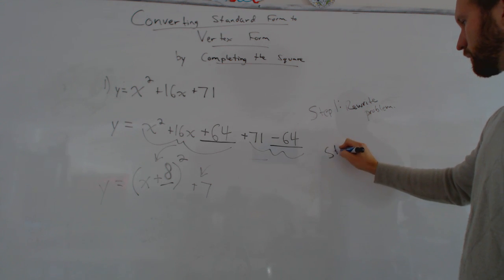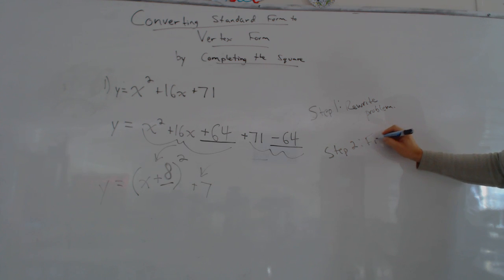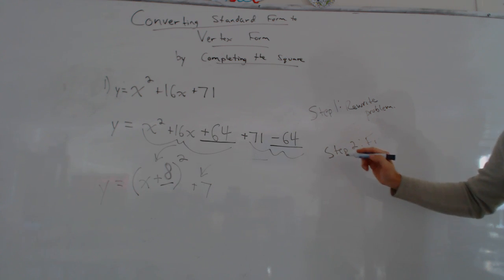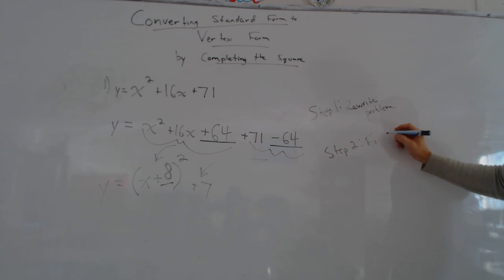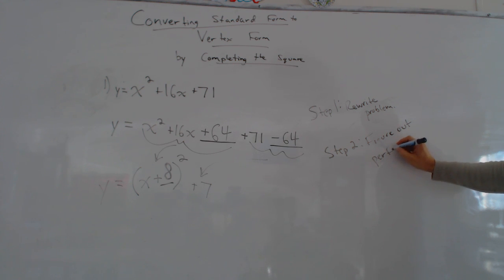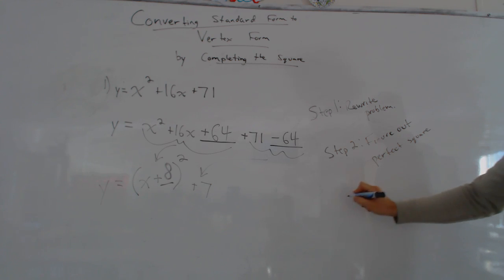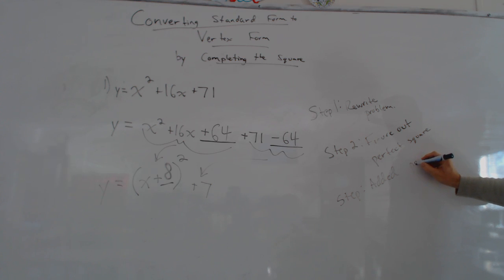Why was this 7 there? Because the 7 is 71 minus 64. Step two was to figure out our perfect square. Step three, we added the perfect square.